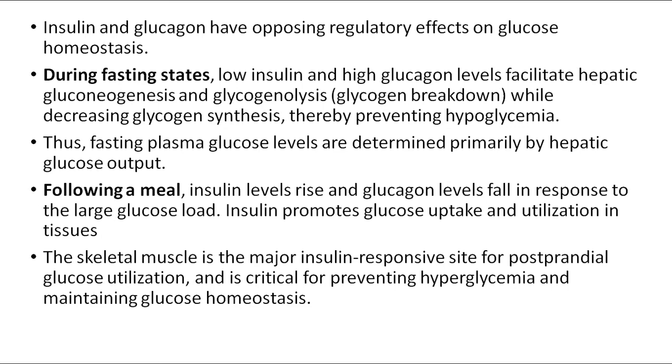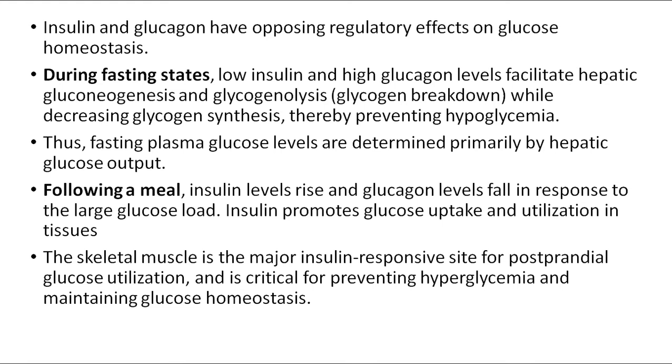Following a meal, after 2 hours of eating, the insulin level rises and the glucagon level falls in response to the large glucose load. After eating a meal, our blood glucose level abruptly rises. That leads to an increased level of insulin, and that insulin promotes glucose uptake and utilization in tissue.